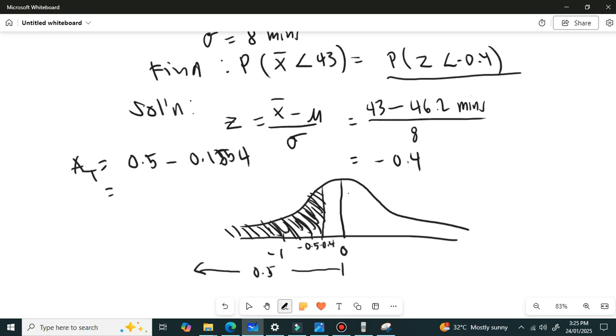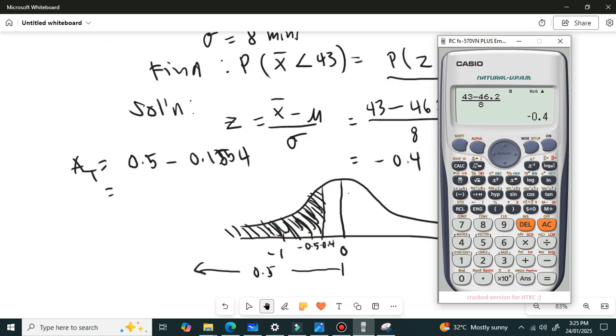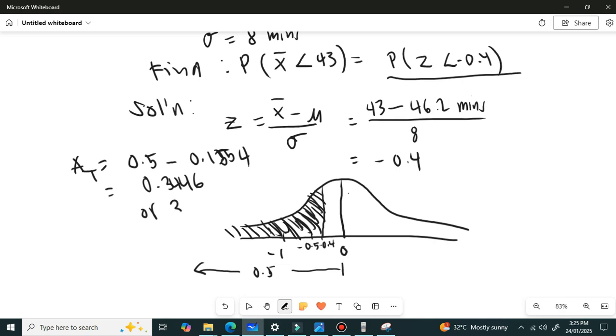Okay? So 0.5 minus 0.1554 will give us 0.3446, or in percentage, that is 34.46%.